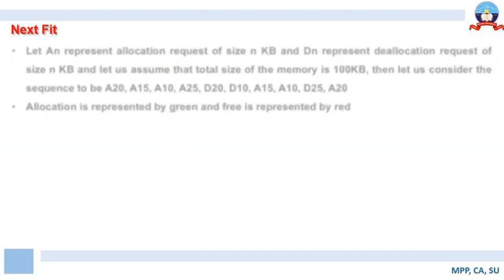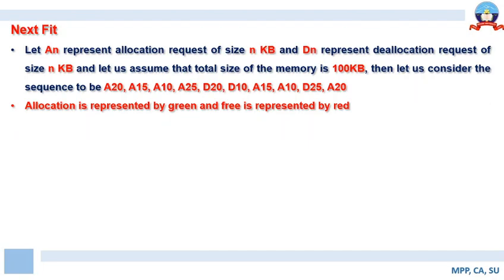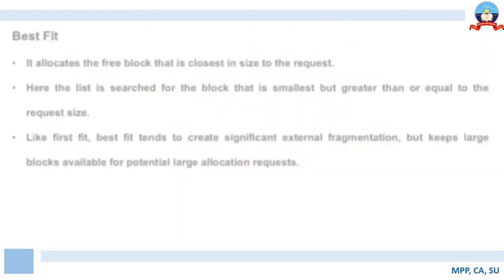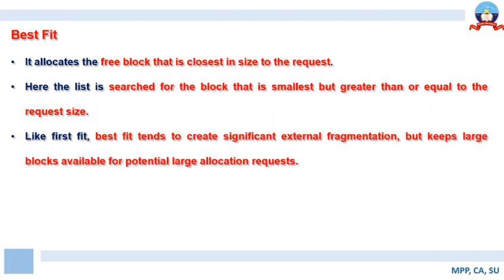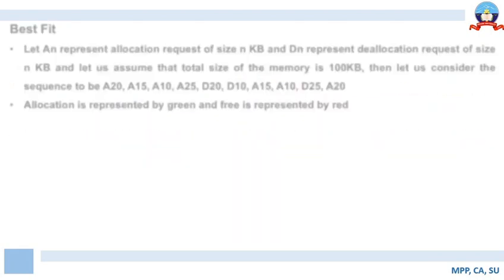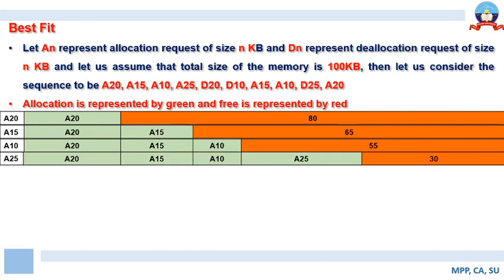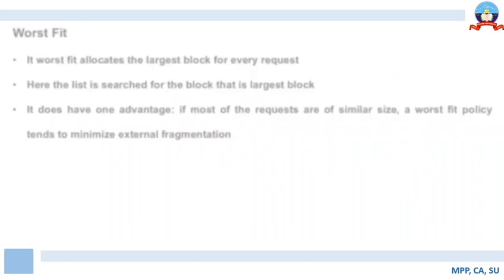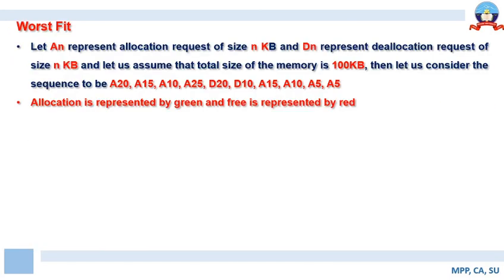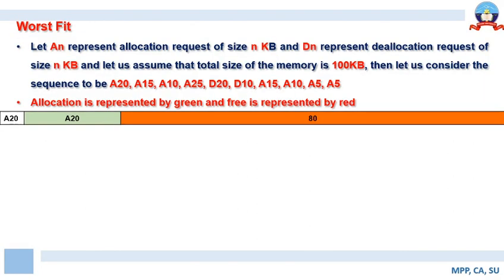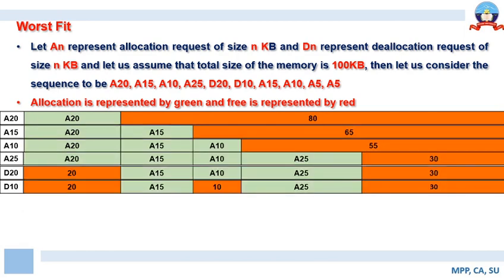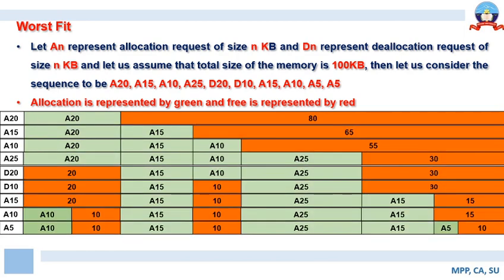Then we moved on to an example of the next fit memory allocation scheme. Then we learned about the best fit memory allocation scheme and its characteristics, and we understood best fit allocation with the help of an example. And then we moved on to the worst fit memory allocation scheme, where we talked about its characteristics, and then we tried to understand it with the help of a suitable example.